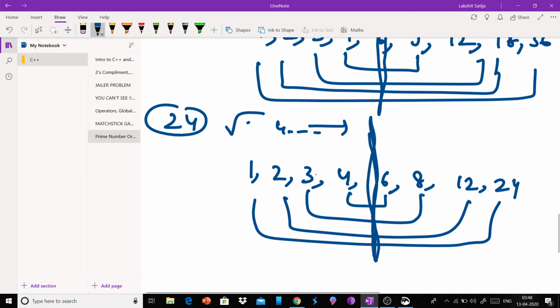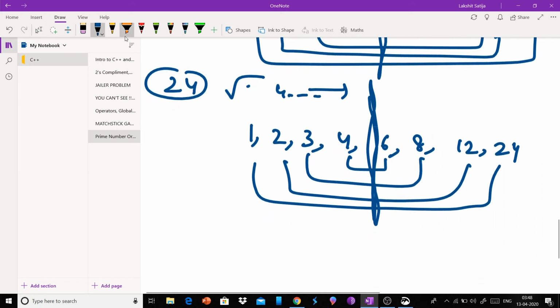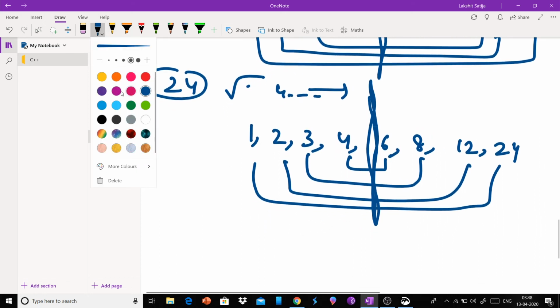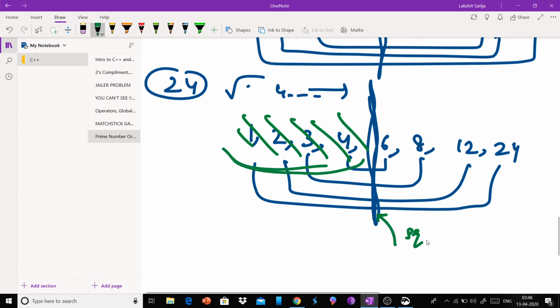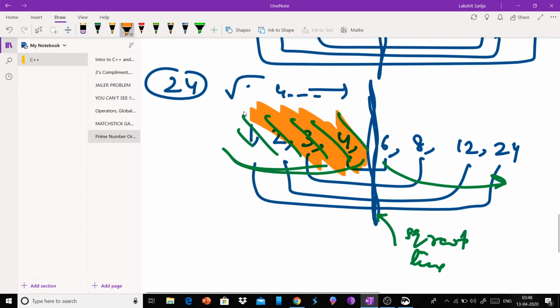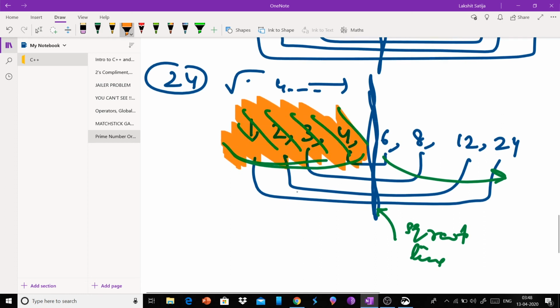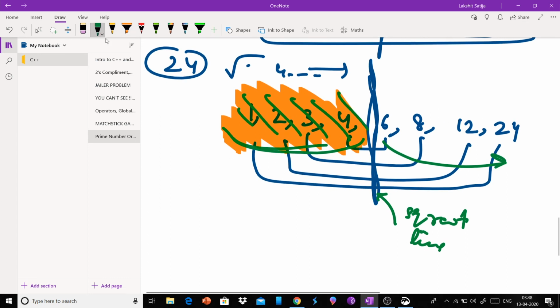So what we can say is that if there is no divisor till the square root, suppose that there is no divisor till the square root line, right? Then there will be no divisor in the later stage, right? Except one, we are excluding one.